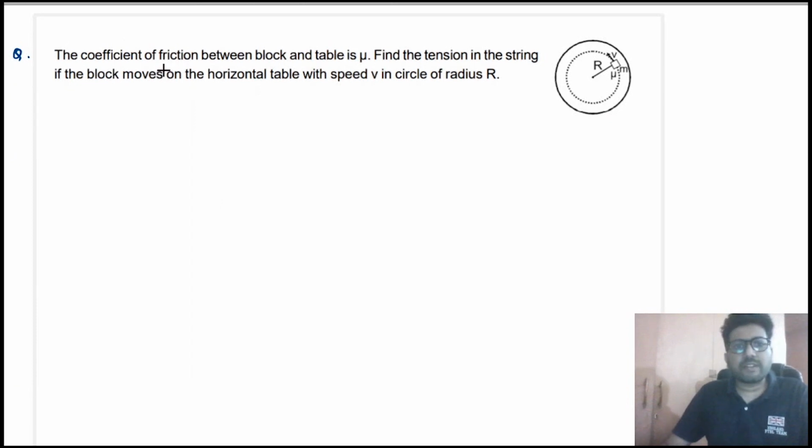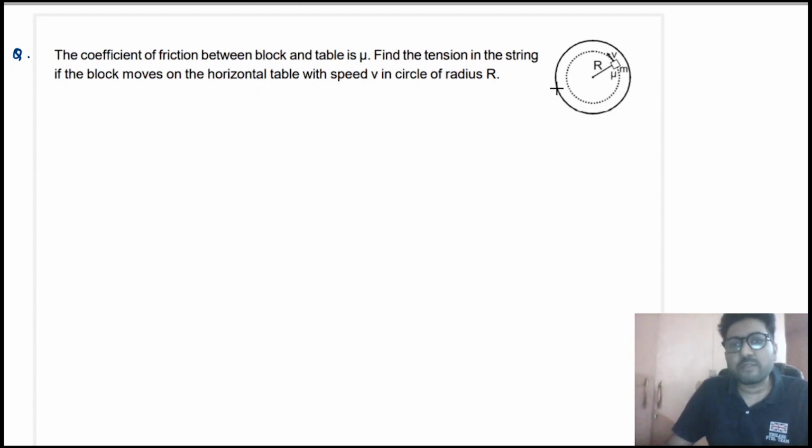In the next question, it is given that the coefficient of friction between the block and the table is mu. We need to find the tension in the string if the block moves on the horizontal table. So this block is moving on this horizontal table with a speed v and radius r, and there is a string attached to it. This string may provide the centripetal force for the circular motion of the block, but because there is also friction, friction can also provide the centripetal force.